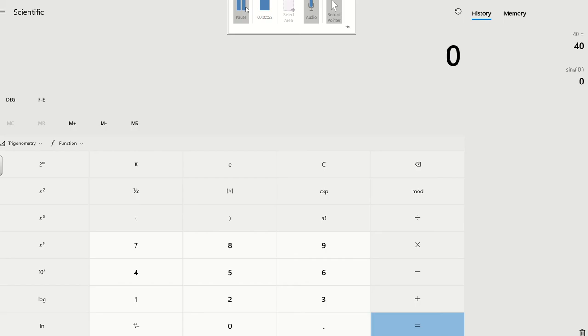If you're on a different computer, let's say a Windows computer, and you pull up the Windows calculator, there's trigonometry over here where I can find my trig functions. And this is how I would switch to degree mode.